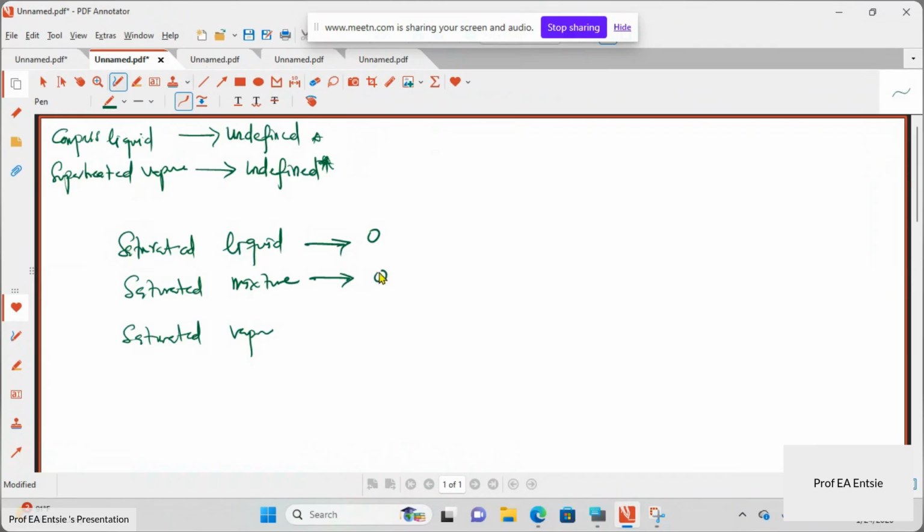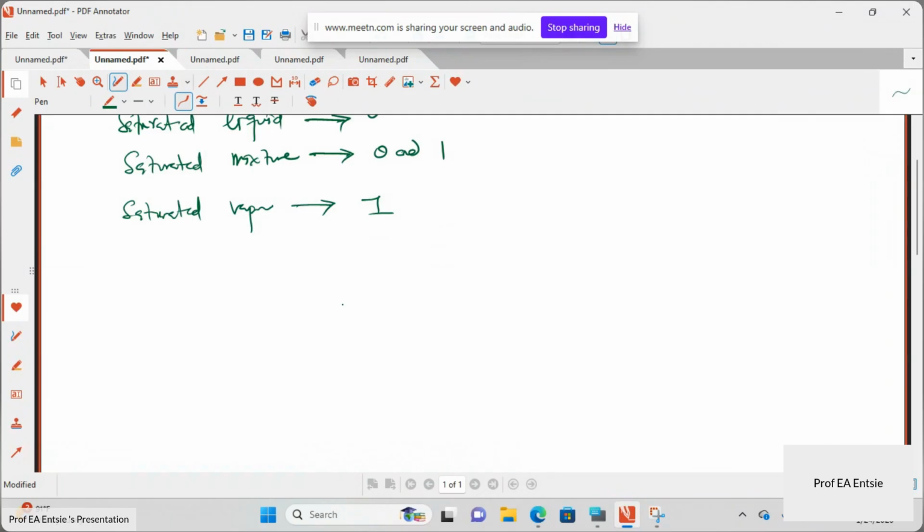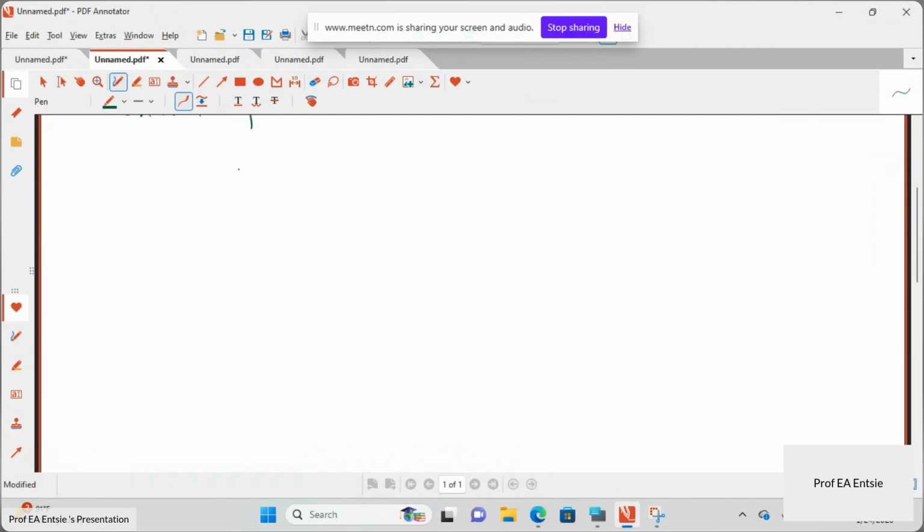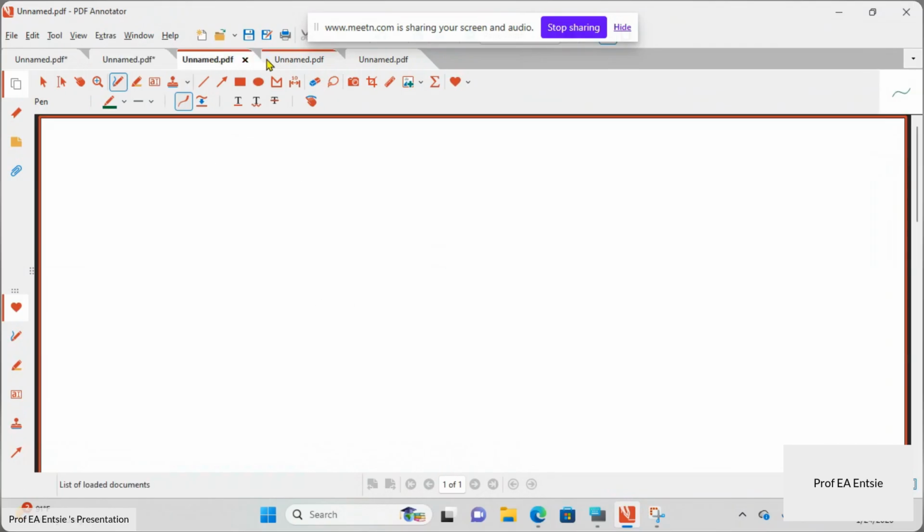Here it is in between zero and what? 1. Then here, at saturated vapor, it is 1. Right? So now let us go to the question.